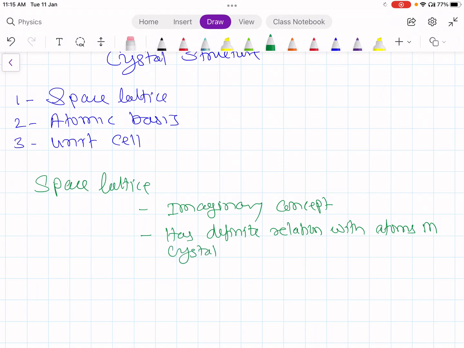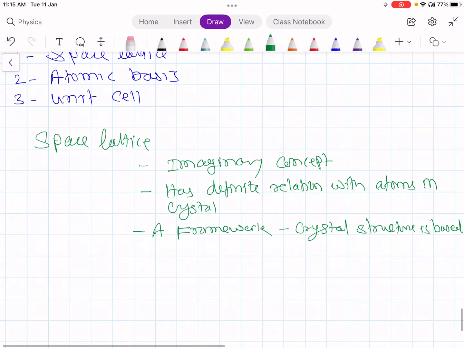Or you can say that it is actually a framework on which the actual crystal structure is based.